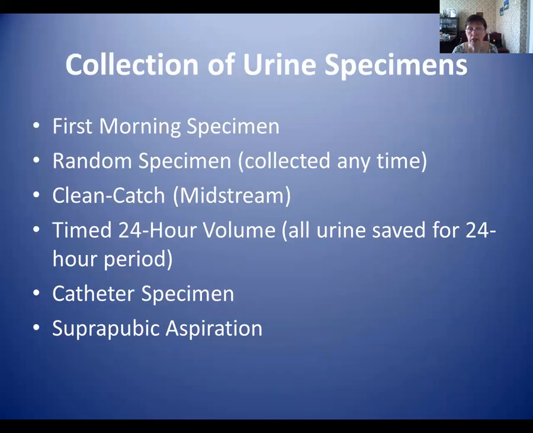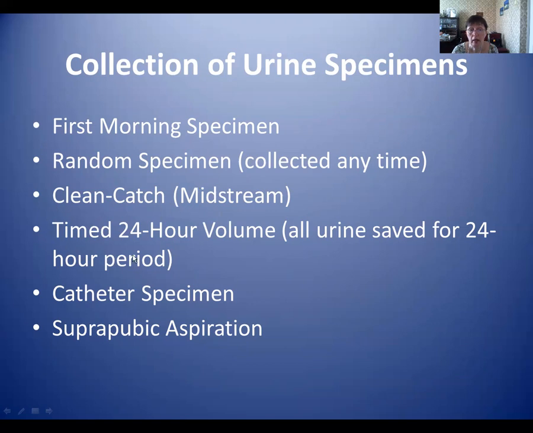When we collect urine specimens, we use different variants. Most often we use the first morning portion of urine. Sometimes in an acute situation we may use any random specimen. Then we can use the so-called clean catch method, or the midstream portion of urine.